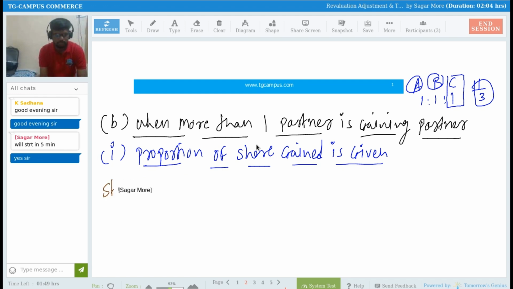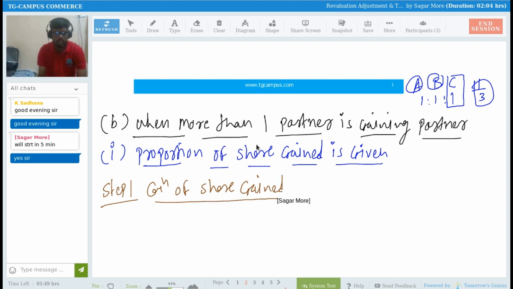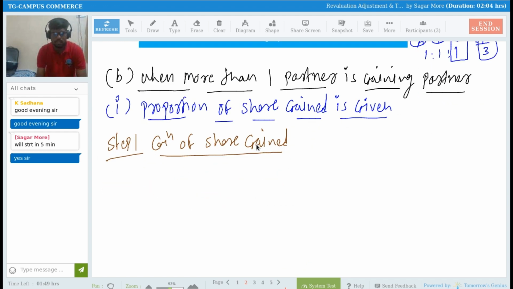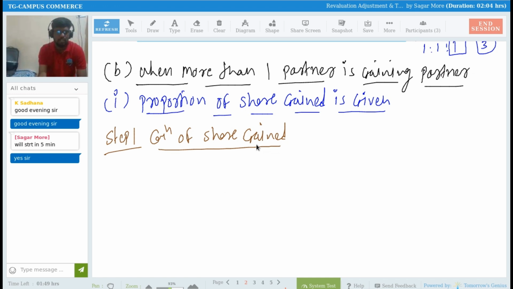Step number 1, calculation of share gain. How to calculate share gain? There is a simple formula. You start with the retiring partner's share multiplied by the proportion of share gain.